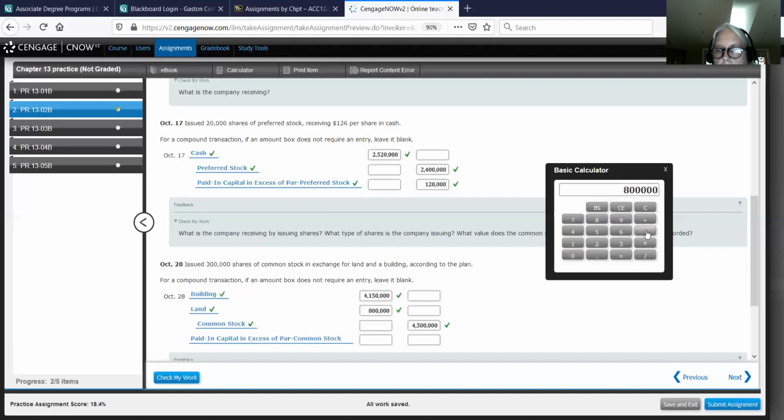And then we're going to subtract from that $4,500,000. And that's going to leave you with $450,000. That's the balancing part of the transaction. Remember, your total debits always have to equal your total credits.